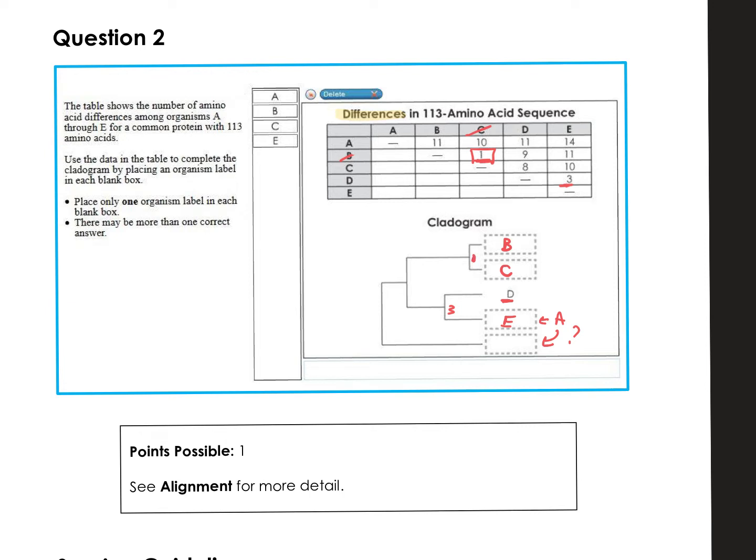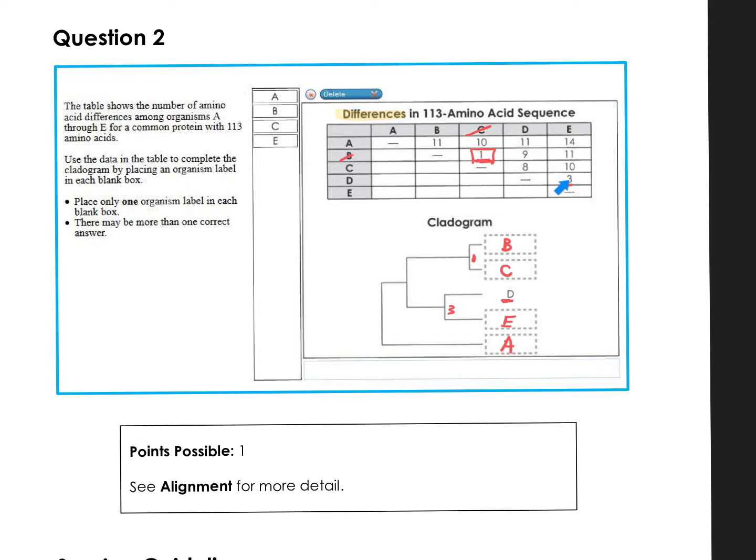But A would have to go in the only slot left to it, which would be here at the bottom. And you have to ask yourself, is that right? Does that show a lot of difference? How closely related is A to any of these? Well, A is 11 at the closest and 14 at the furthest away. So that makes sense that A is all the way out here.